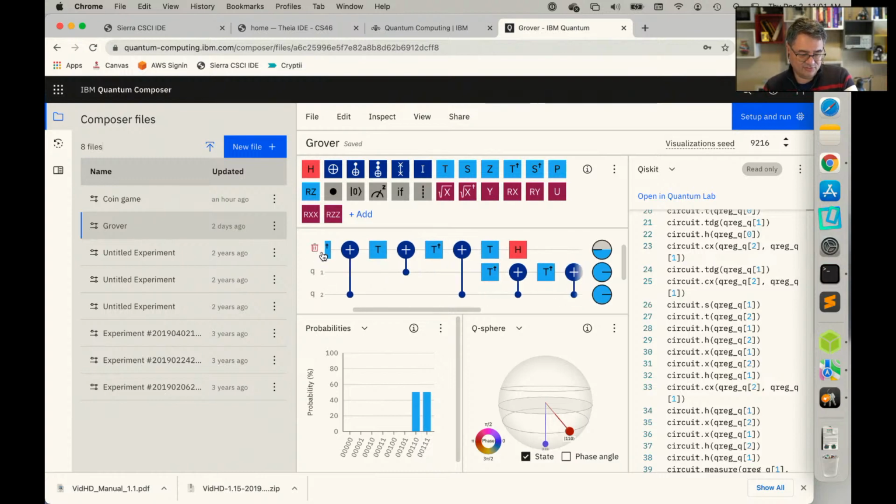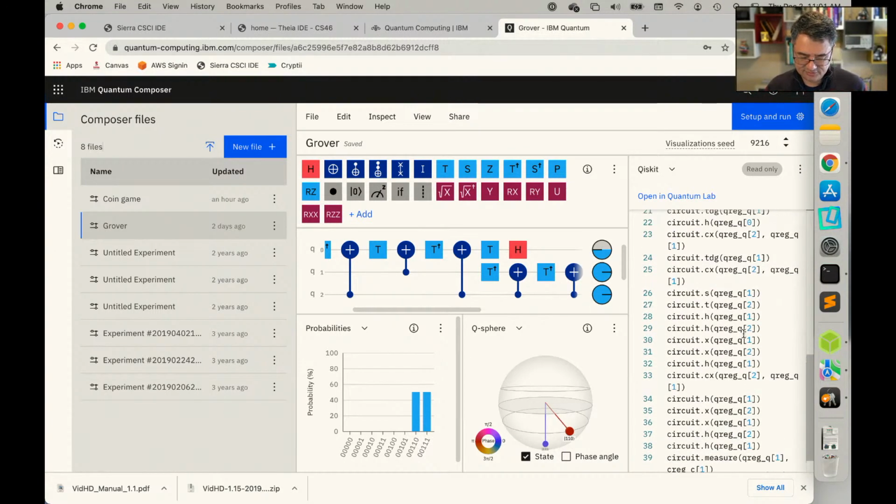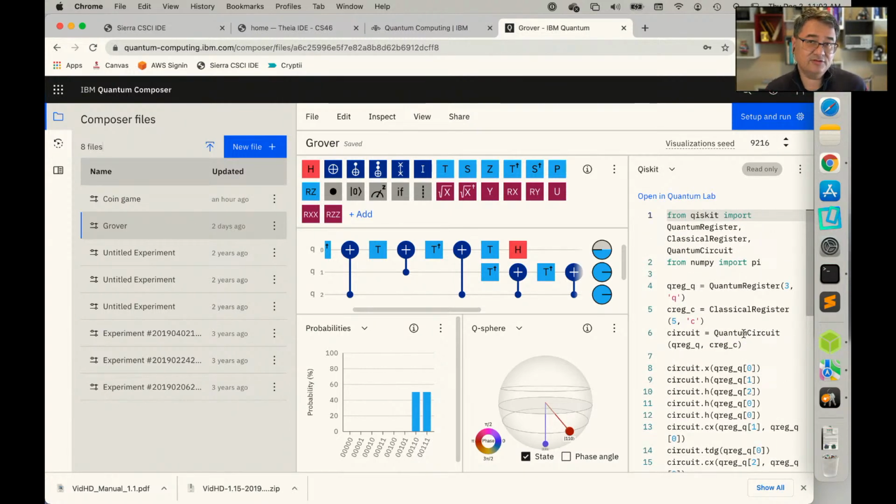There's a possibility that this one is a 0, and this one's a 0, and this one's a 0, or this one's a 0, this one's a 0, and this one's a 1, or this one's a 0, this one's a 1, this is a 0. So it has to try all, in this case, 8 possibilities in order to arrive at the answer. Nevertheless, it's a good first step towards adapting a traditional programming language to work on a quantum computer.